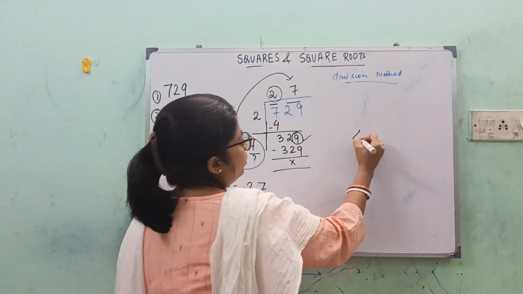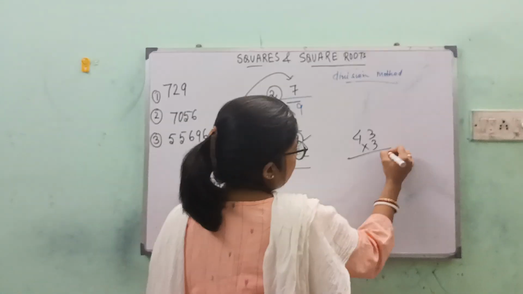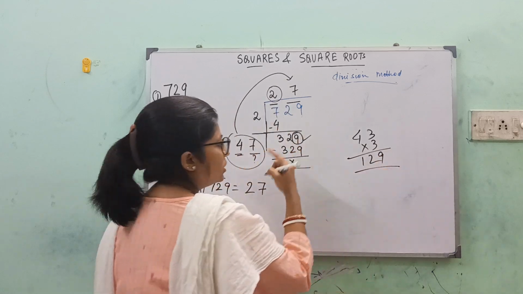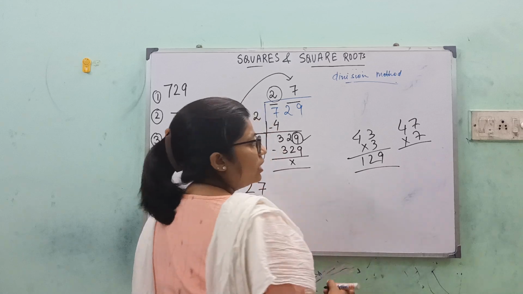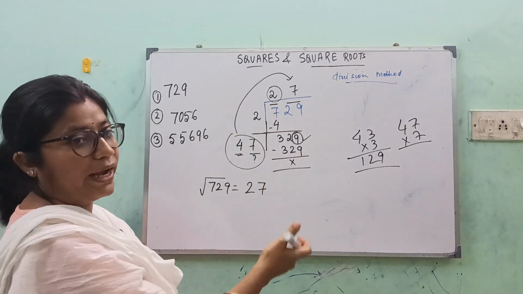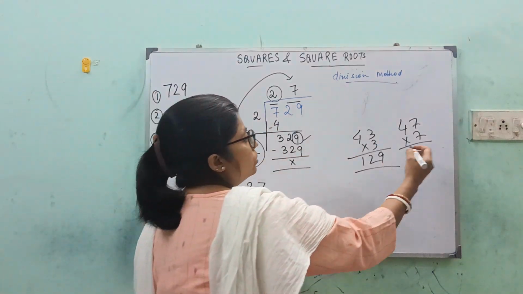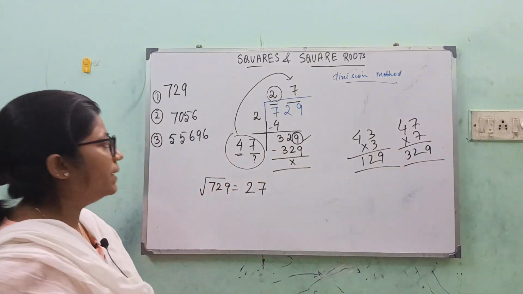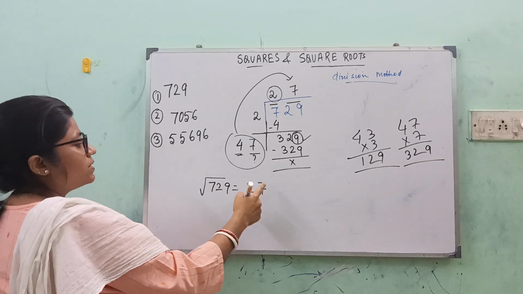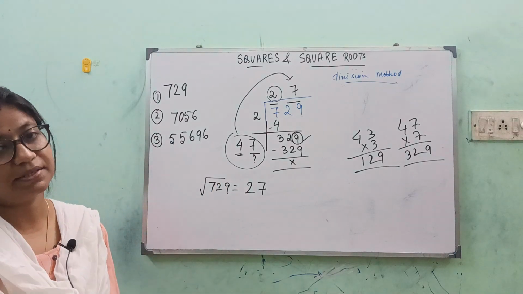So we could have tried 43 into 3, 9, and 129, not enough. Next I tried 47 into 7. Here you might give a few trials to check the number. So this was 329. So I placed 7 and got the answer. Square root of 729 is 27.